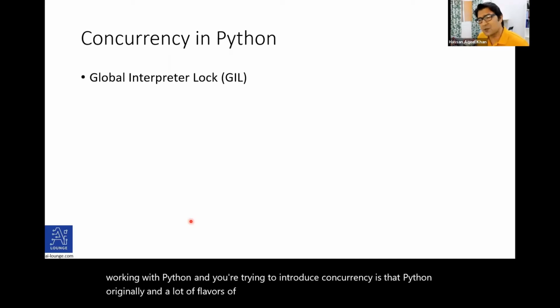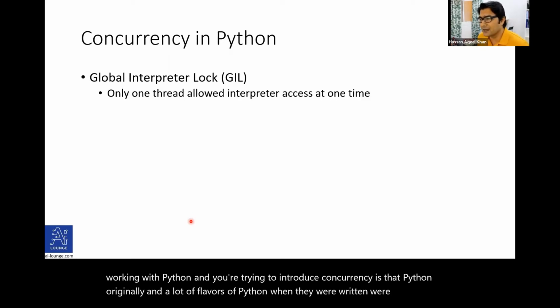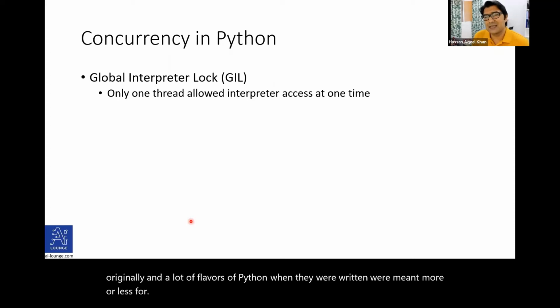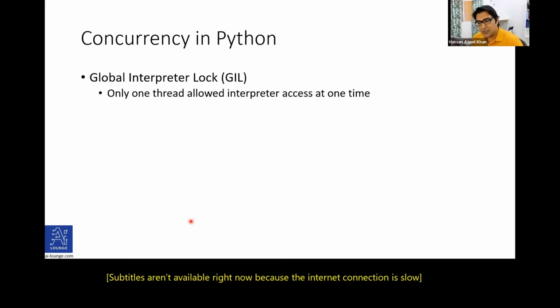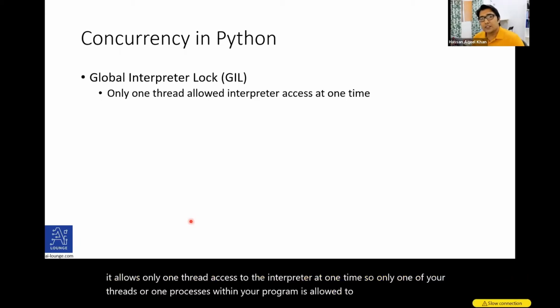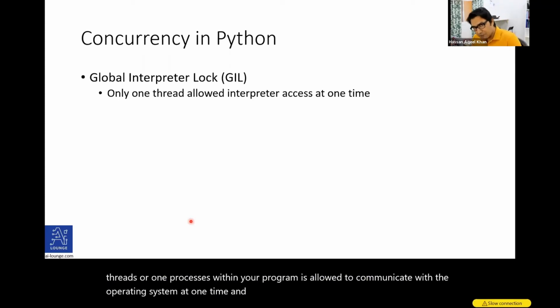And so Python has something called the global interpreter lock, or the GIL. What the GIL does is that it allows only one thread access to the interpreter at one time. So only one of your threads or processes within your program is allowed to communicate with the operating system at one time. And that becomes a bit of a bottleneck.